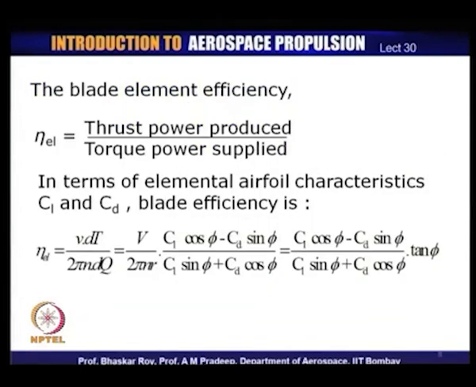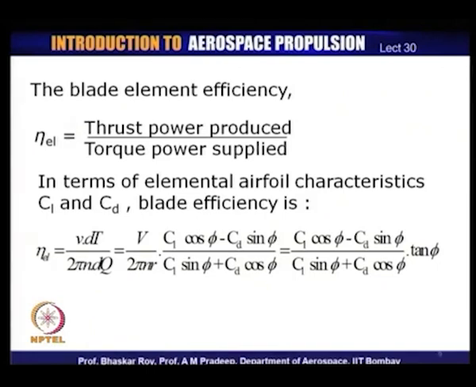The next thing we need to talk about, of course, is the blade element efficiency. Every element is creating thrust. As we have seen, they use the aerofoil characteristics CL and CD, and as a result they are fundamentally aerodynamic entities, and any aerodynamic entity would have a certain aerodynamic efficiency.